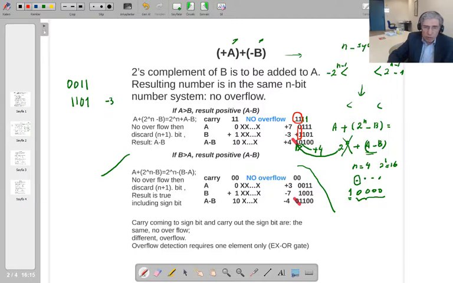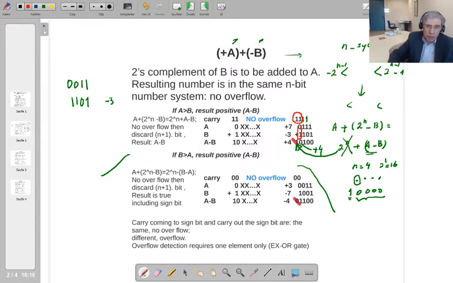Those two, if they are the same, no overflow. No overflow means you are in the same range. Mathematically, it could be proved, but I'm not going to prove it. I'm explaining it through an example. Okay.